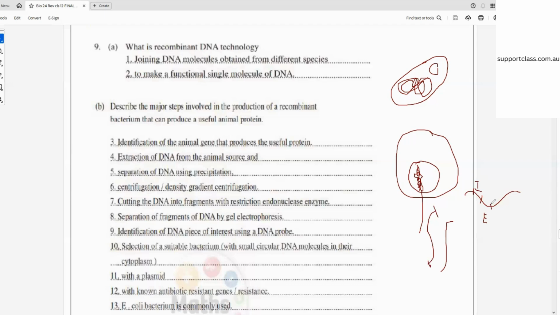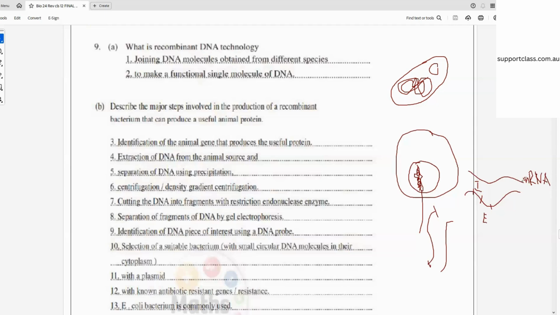The word is so big, but the meaning is what? What is transcription? Transcription is copying down to mRNA, right? If you forget, I'll remind you.